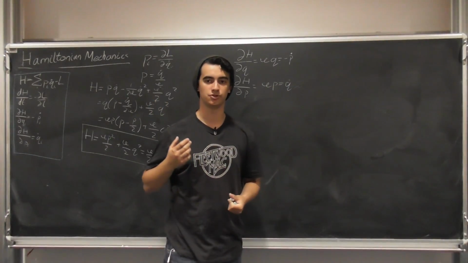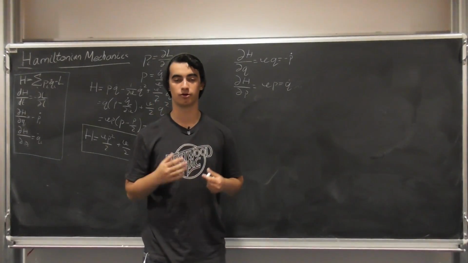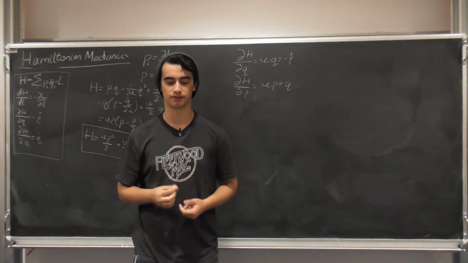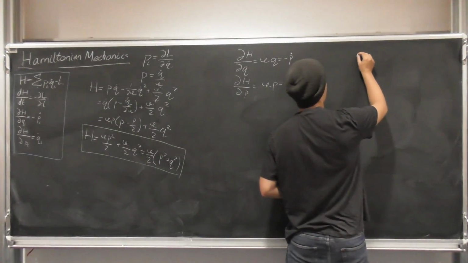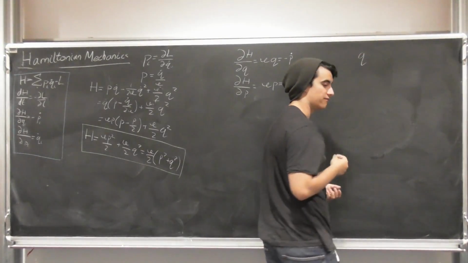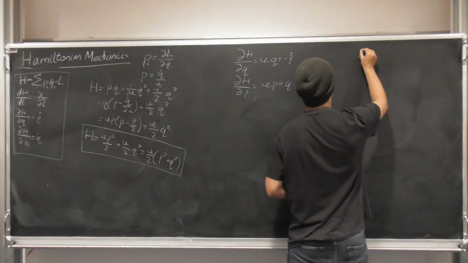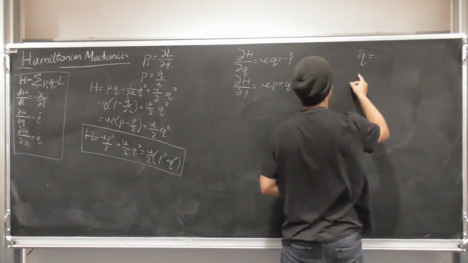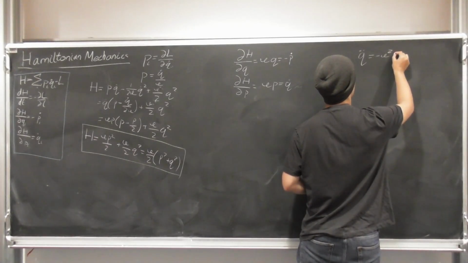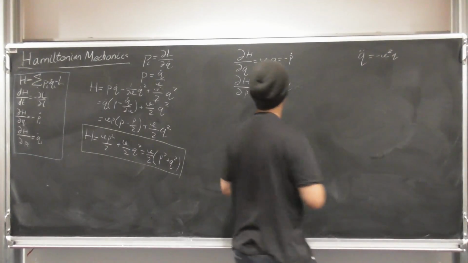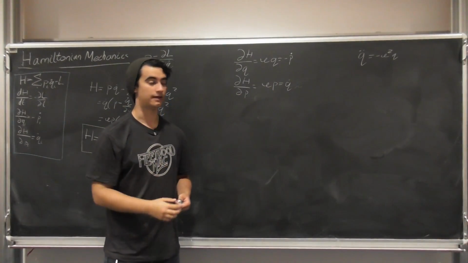But if you remember when we were doing our Lagrange mechanics, with the Euler-Lagrange equations, we've shown multiple times that the harmonic oscillator will have q double dot equal to minus omega squared times q. So now we're going to have to see how we can get this out of it. And it is quite simple.